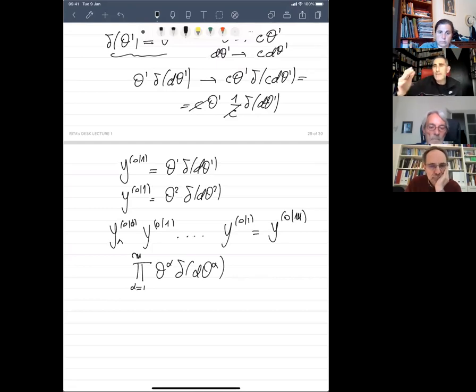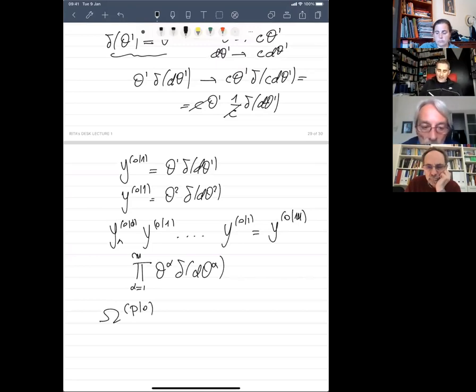Now suppose I have a superform P with these types. I can multiply this object by Y 0|m, just by wedge multiplication, and the result is automatically an integral form.